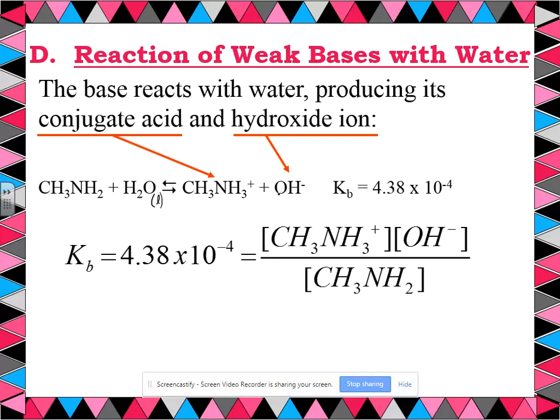These are both raised to the first power. The equation is balanced. It's a 1 to 1 to 1 ratio. And then that would be over the concentration of the reactant here. And again, we do not include the water because it's a pure liquid. Remember, water is an important player in this reaction. However, we do not include pure solids or pure liquids in our law of mass action.